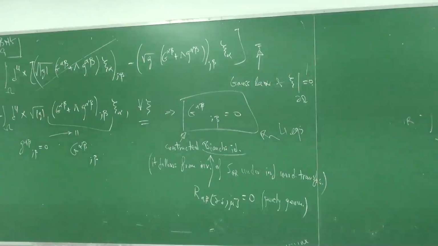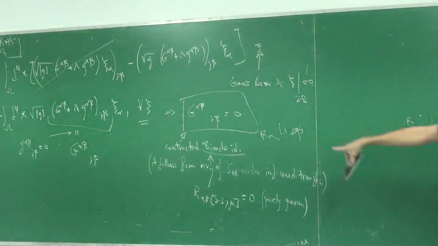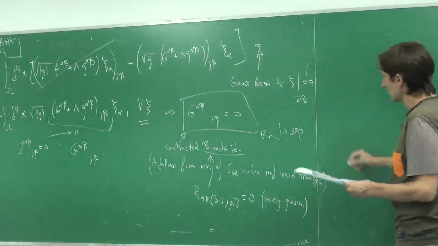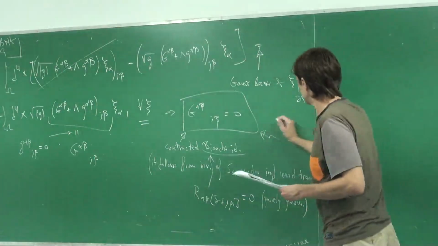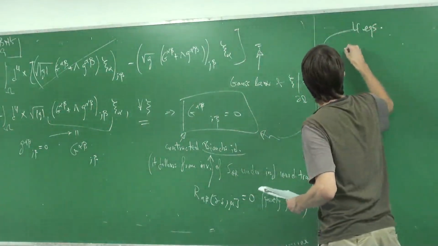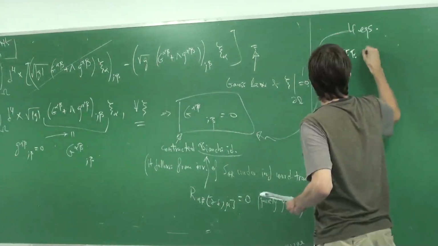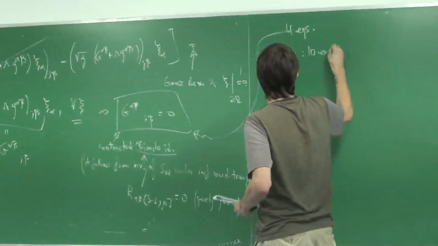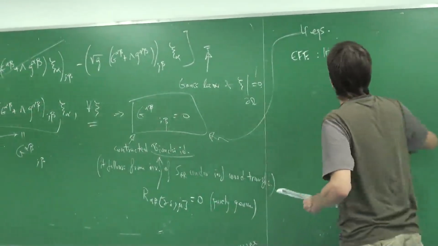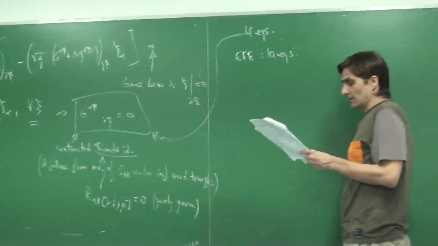Now, they're not fully independent because you still need to impose the Bianchi identities. So you really have 10 minus 4 really independent components in the metric. So this is 4 equations. In the Einstein field equations, you've got 10 equations, due to the symmetry of the metric.